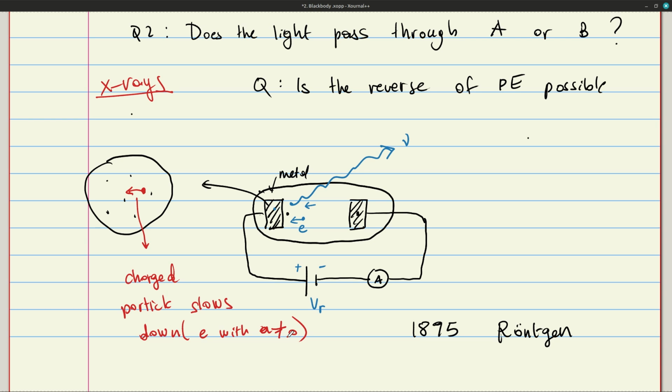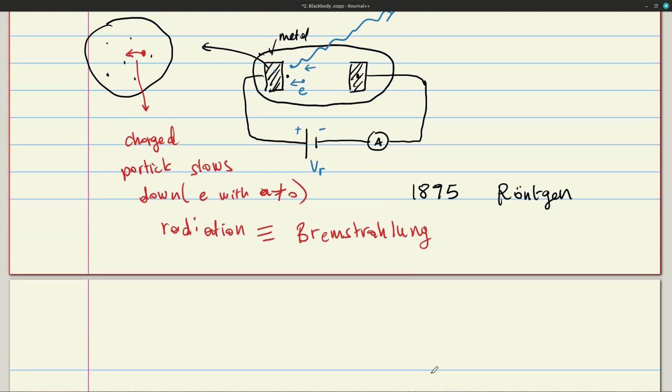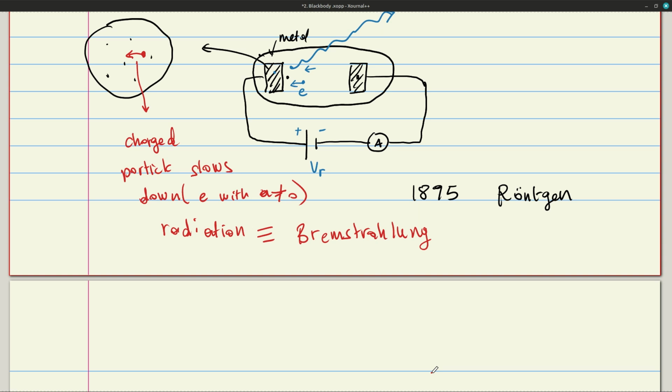Exactly. Radiation comes out. And there's a name for this. This is called Bremsstrahlung. And this means in, I think, German, I've been told it means braking radiation. I may not be pronouncing it right, but I just repeat what I heard.